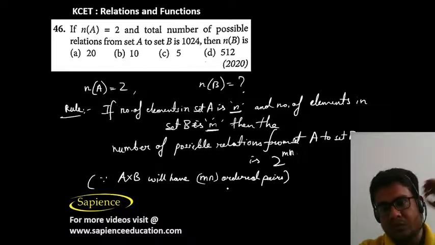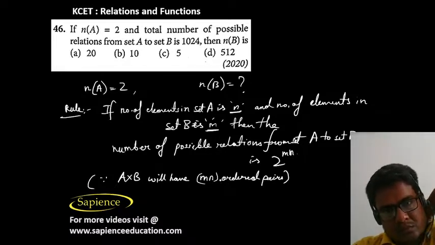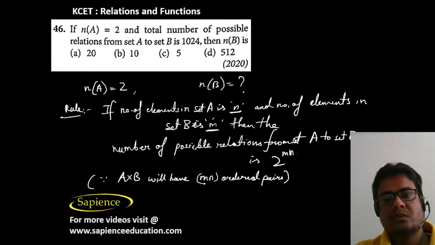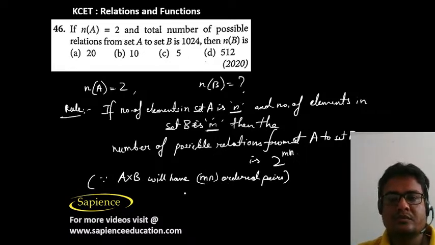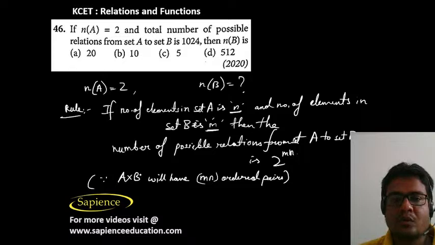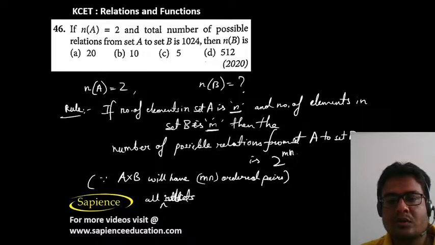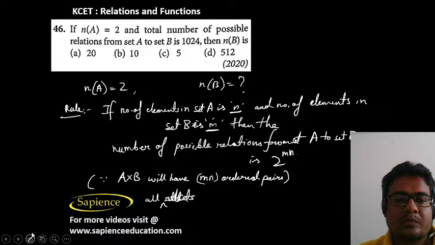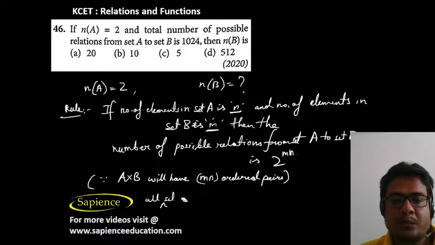So now, all the subsets of A cross B are possible.